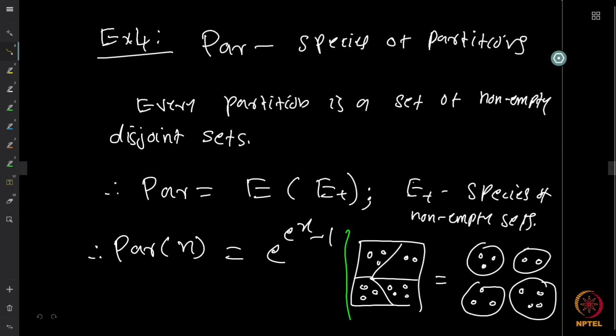Now, if you remove just the first element from E of X, the first term is going to be 1, since e raised to 0 is 1.